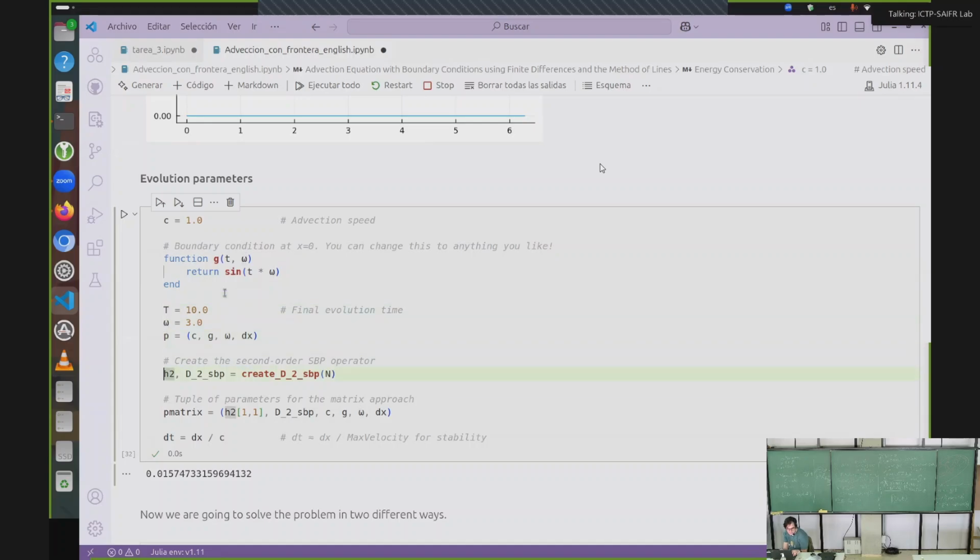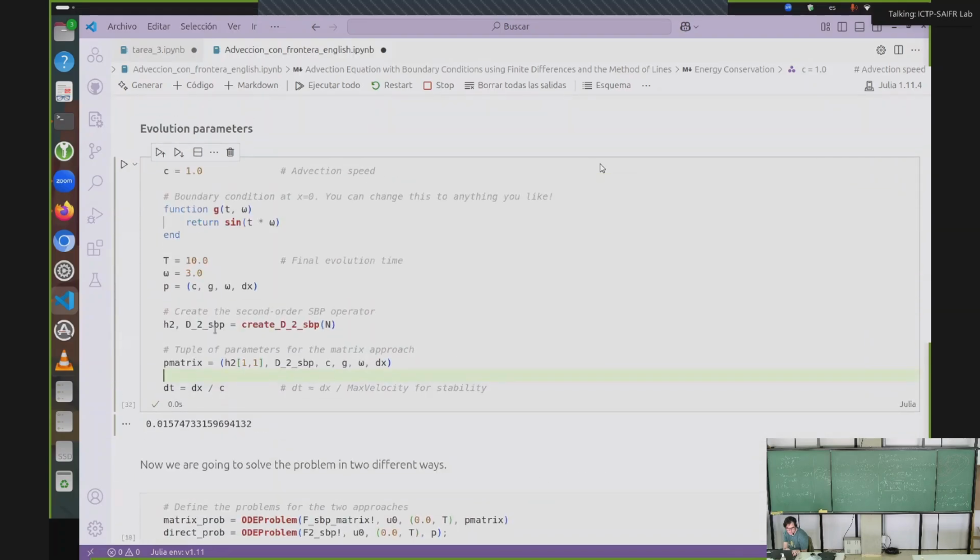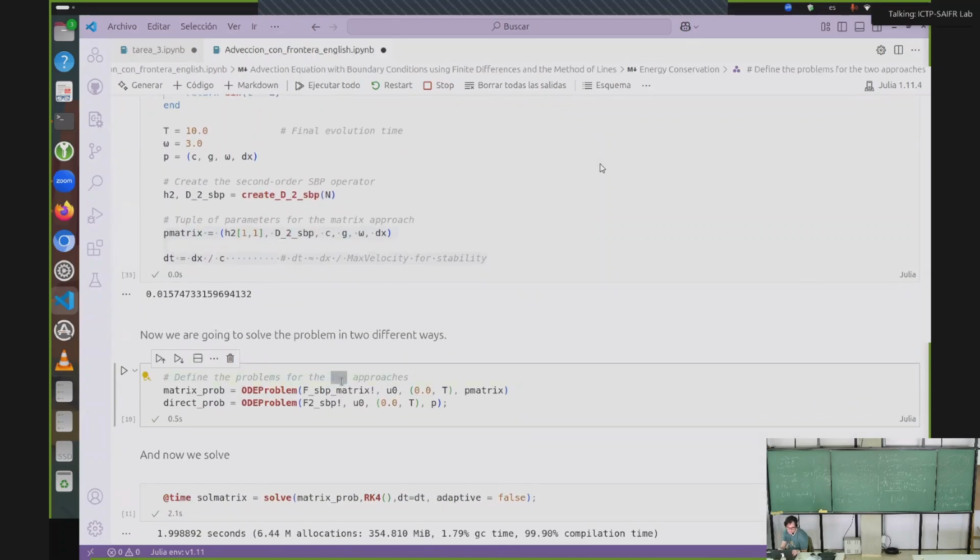And then you have some integration time, some frequency that we want to use for this sine wave. We create the operators again for the problem that we are trying to solve. We define some parameters, the delta t, and again we will simply evolve using the differential equations package in Julia using these two approaches.